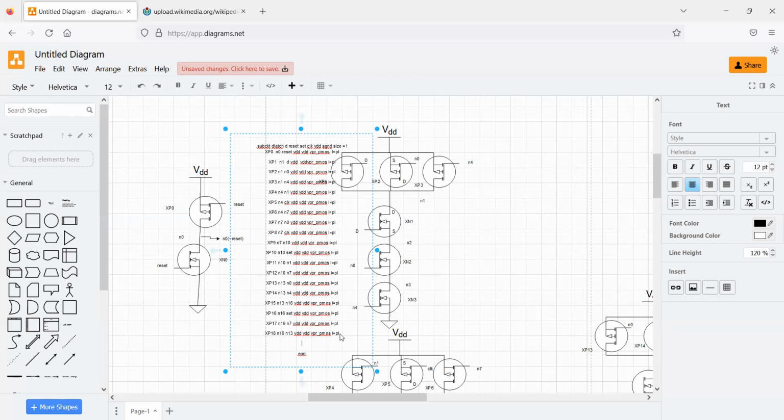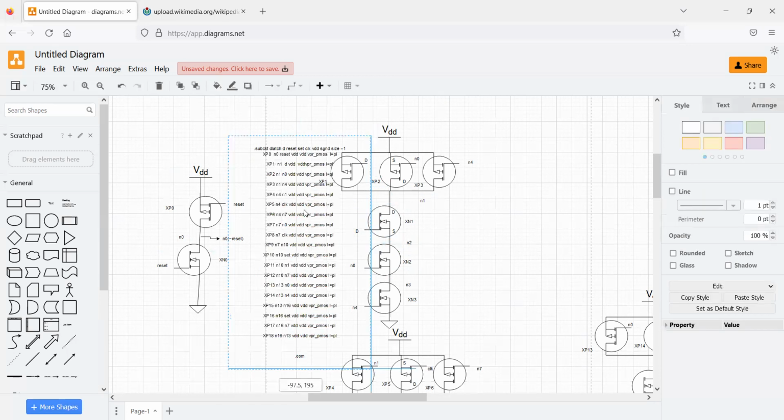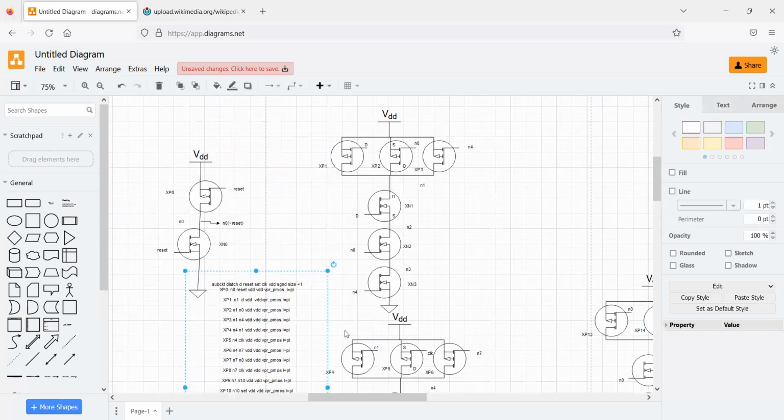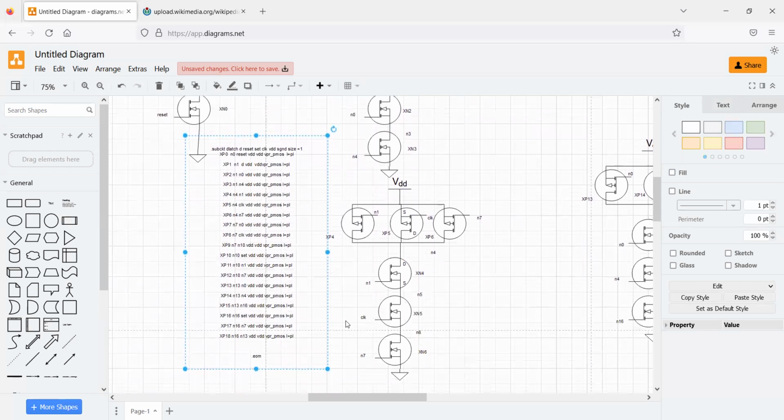N1, D, D, then N2. XN2 is N2, then goes to N0, N3. XN3 is N3, N4, then goes to ground.